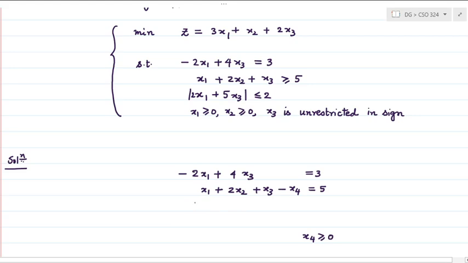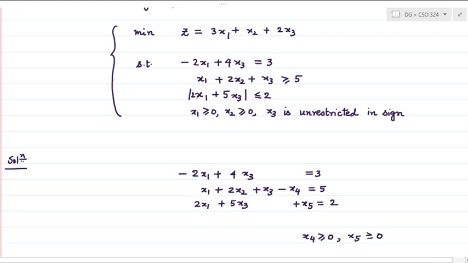The first one is 2x1 plus 5x3 less than or equal to 2. For this, I add a slack variable x5, so here x5 is greater than or equal to 0.